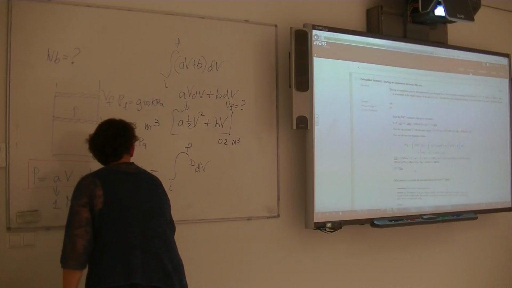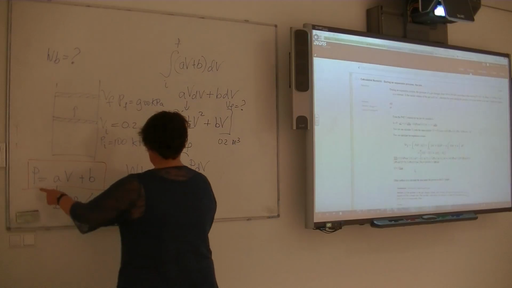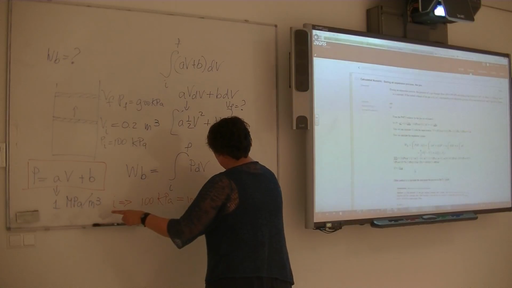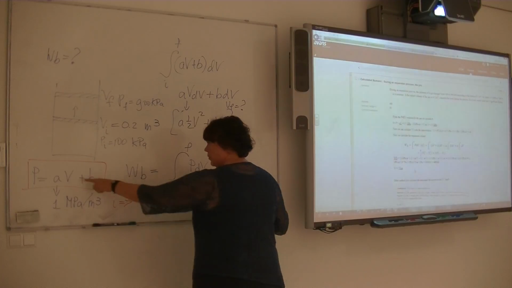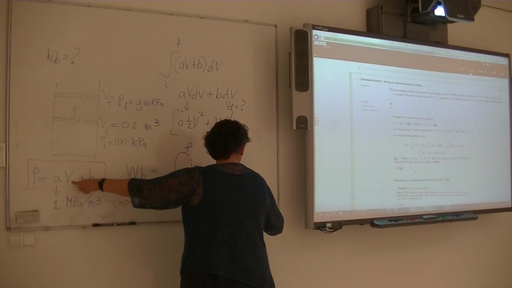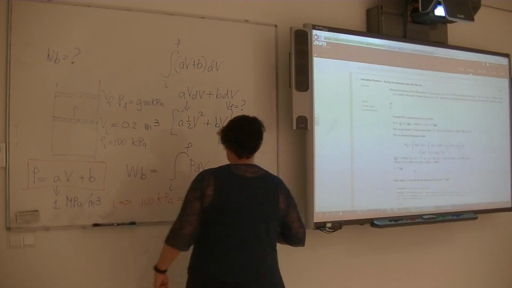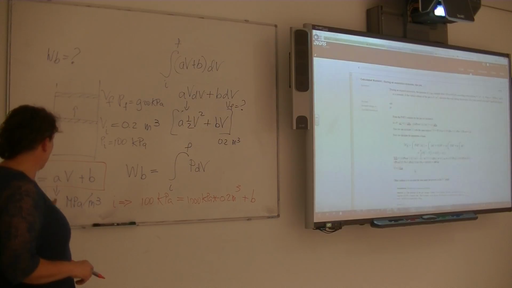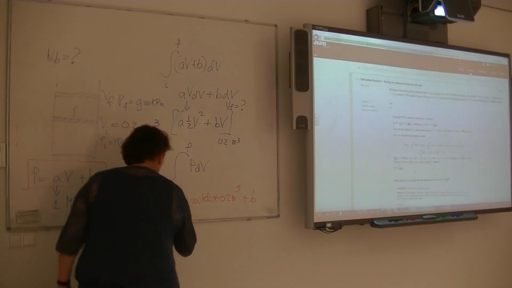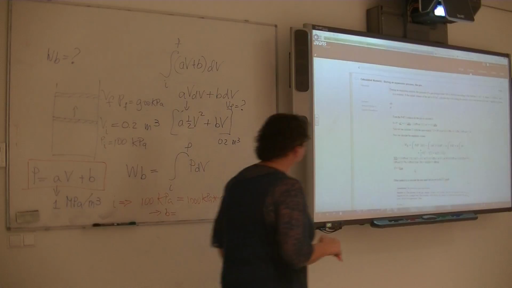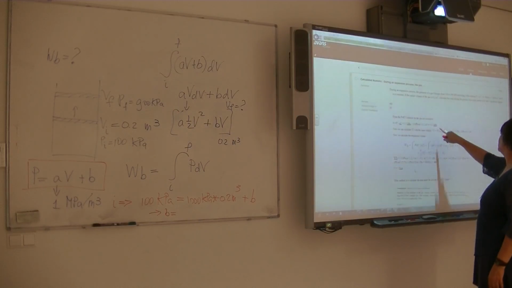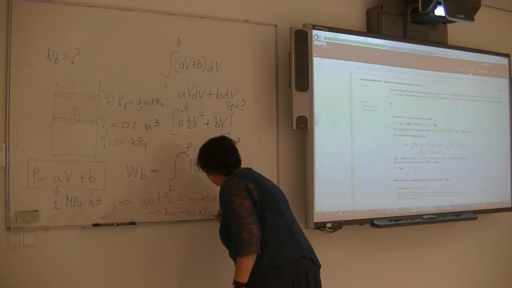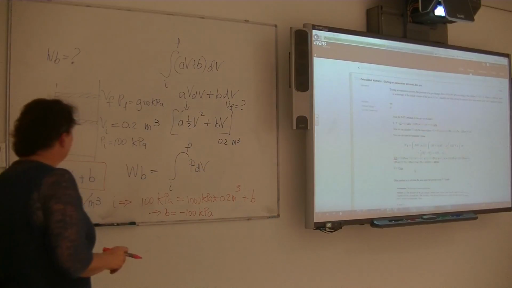So for the initial situation, we fill in the pressure and the volume and the constant A. And from this we can calculate constant B, which is minus 0.1 megapascal or minus 100 kilopascal. So now we know the value of B.